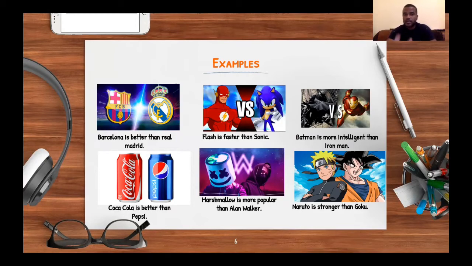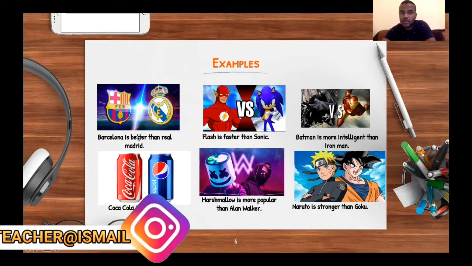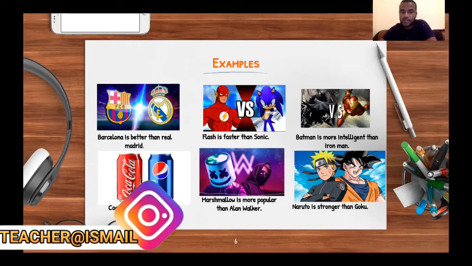Here we are comparing two things, two people, etc. You notice we said better than, faster than, is more intelligent than, is more popular than, and stronger than. Some adjectives we add er, some we add more, and we also have some irregular adjectives. When we have good, the comparative is better.